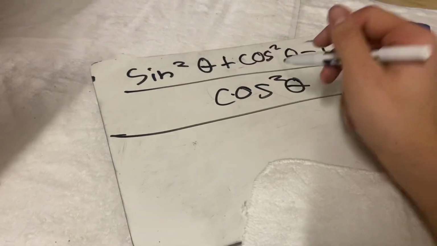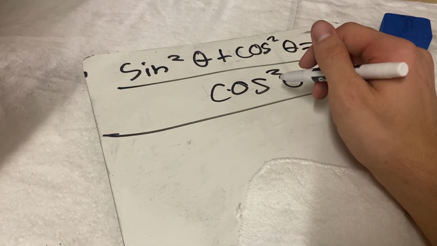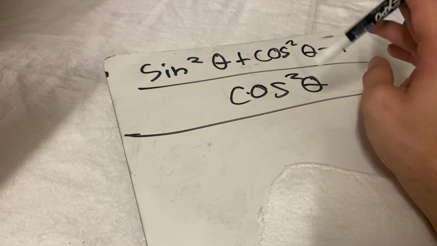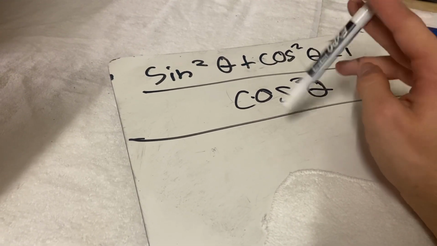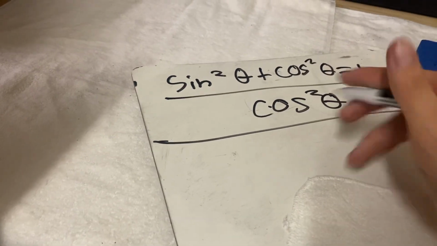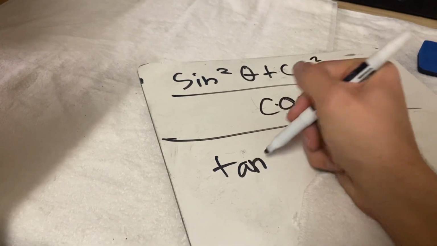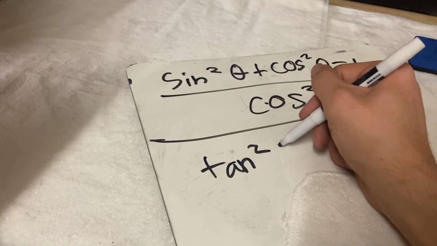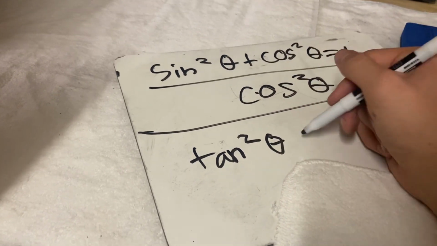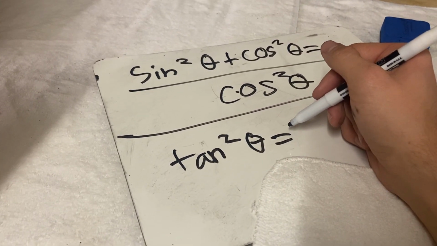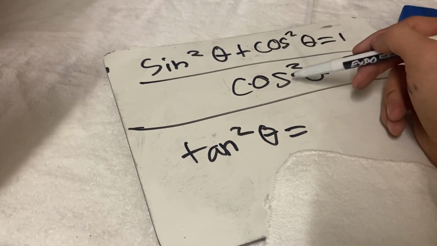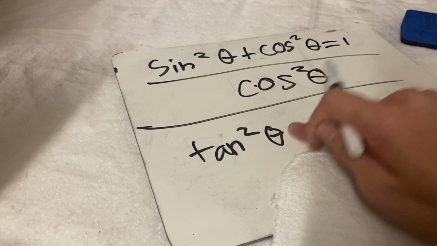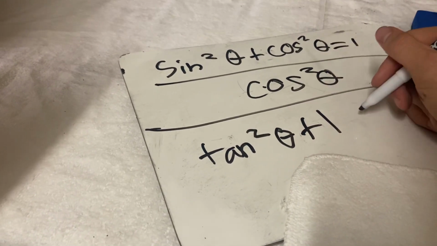You're left with tangent squared theta, and then cosine squared theta over cosine squared theta would just be 1.